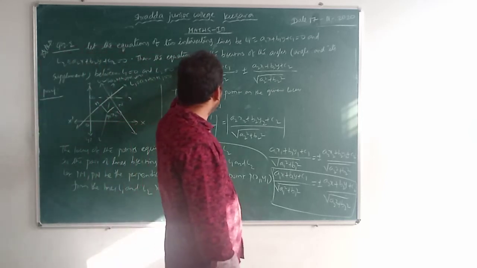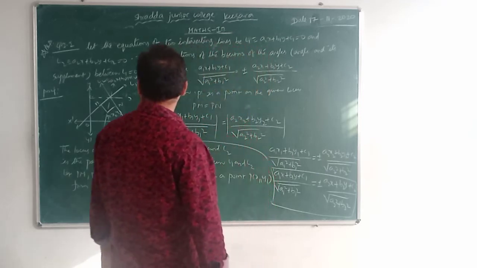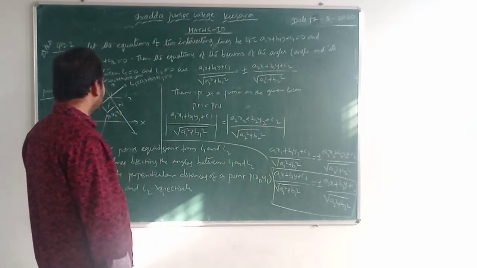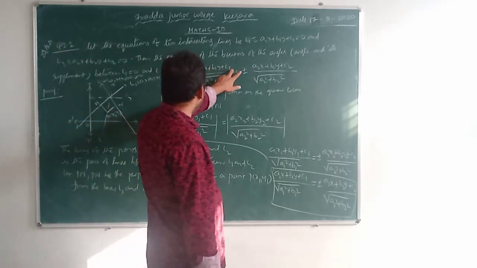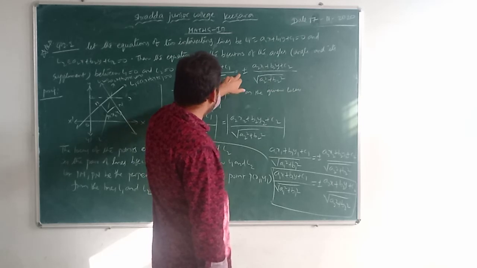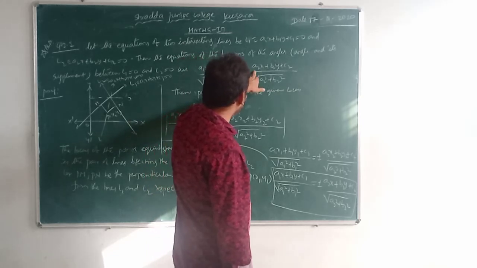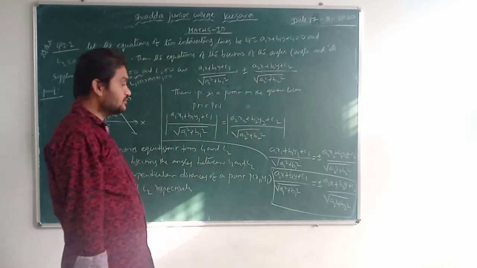Then the equations of the bisectors of the angles between L1 equals 0 and L2 equals 0 are a1x plus b1y plus c1 by root a1 square plus b1 square equals plus or minus a2x plus b2y plus c2 by root a2 square plus b2 square.